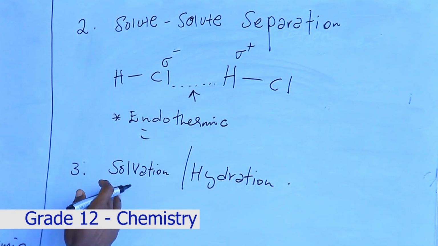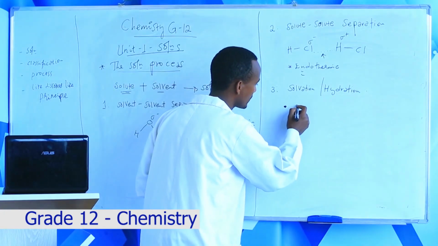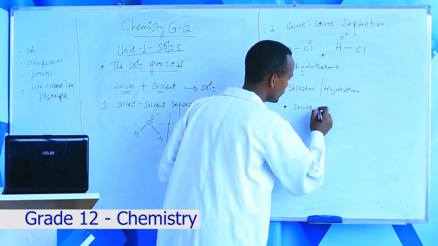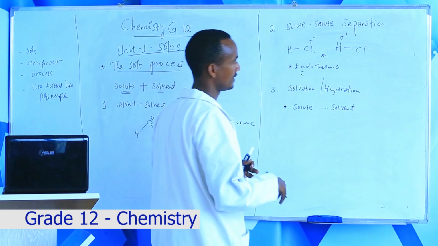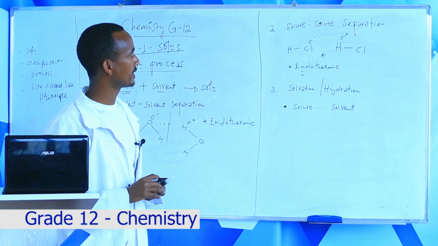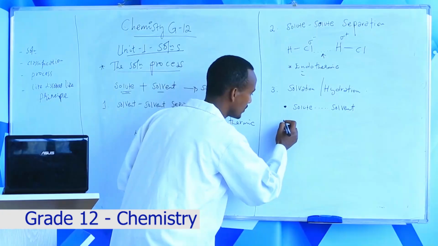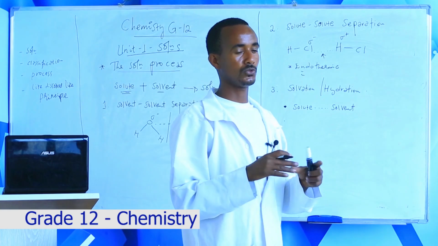When you say solvation or hydration, it is a process by which a solute forms an interaction with the solvent. A new intermolecular force will exist between the solute and the solvent in this way. So, during the solvation or hydration step, the solute particles are surrounded by the solvent molecules.